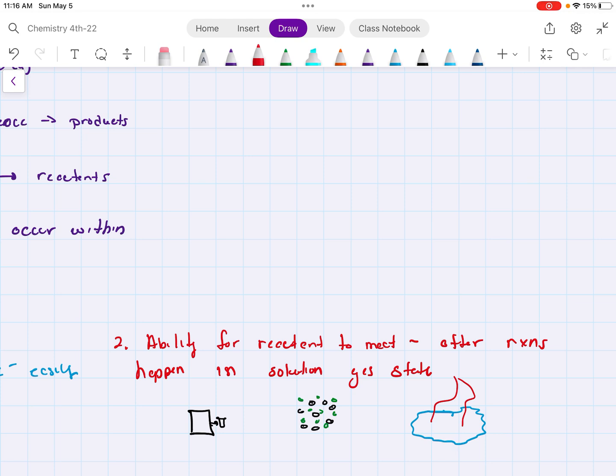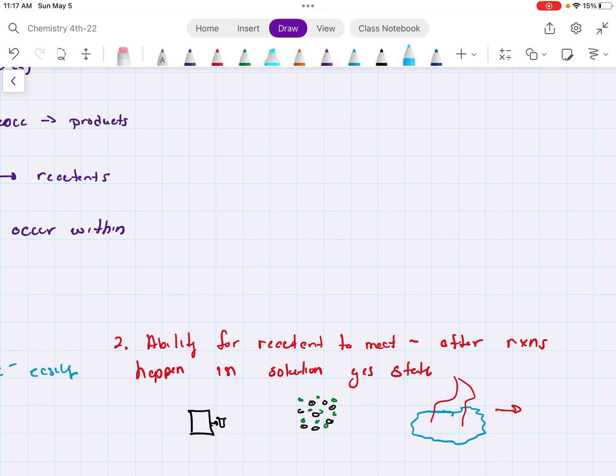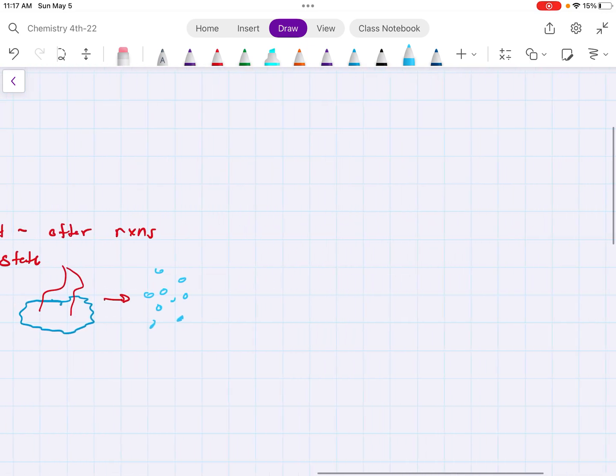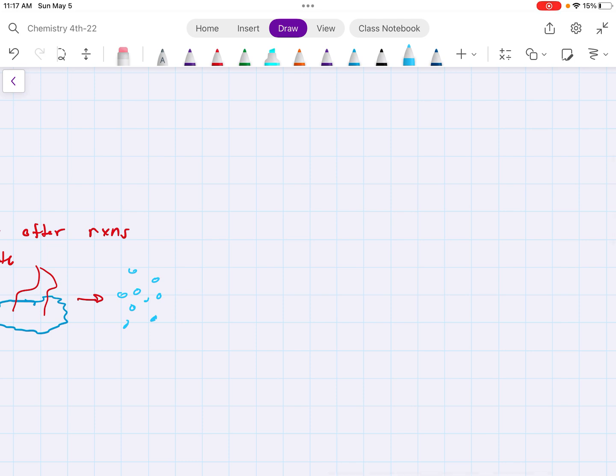Now, if you take the same gasoline and you vaporize it like you do in the intake of a car, because I work on cars and I do old school carburetors, the carburetor vaporizes the gasoline and turns it into individual little droplets. Those droplets are going to have way easier access to intermingle with the air and create a much faster and cleaner burn than just a puddle of gasoline. So things like that have an effect on the ability for reactions to move forward.